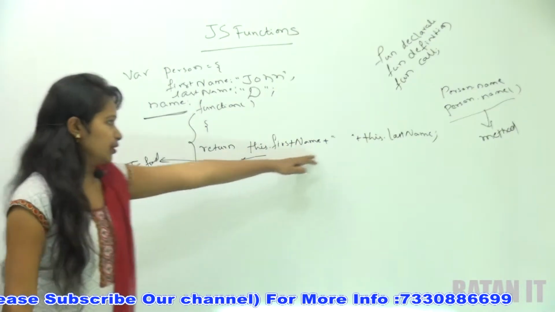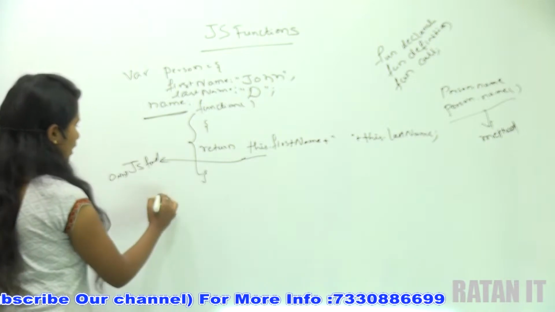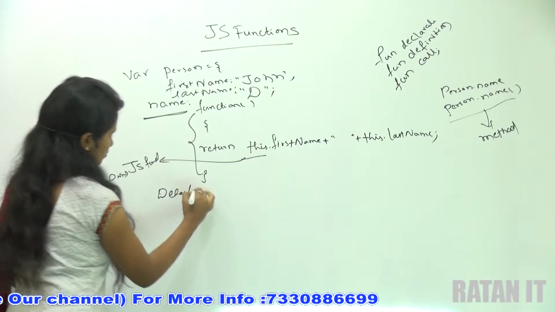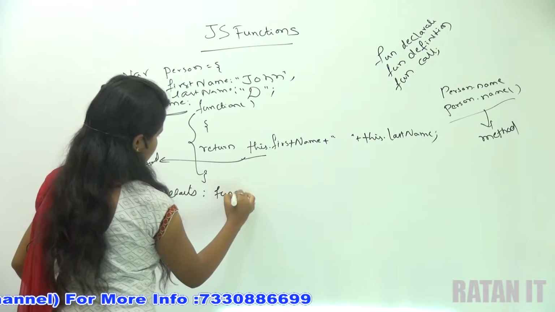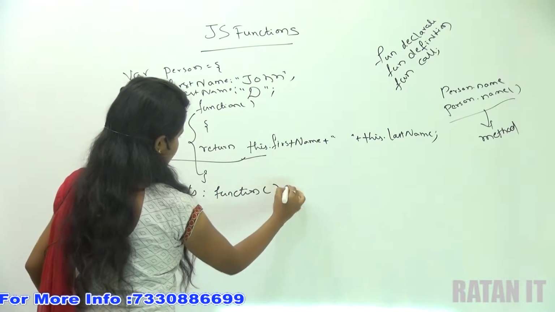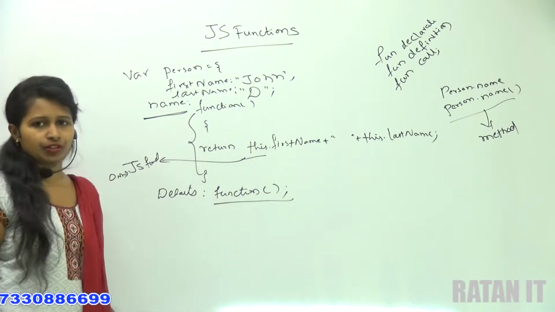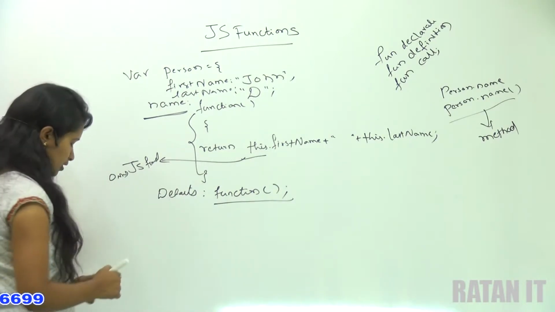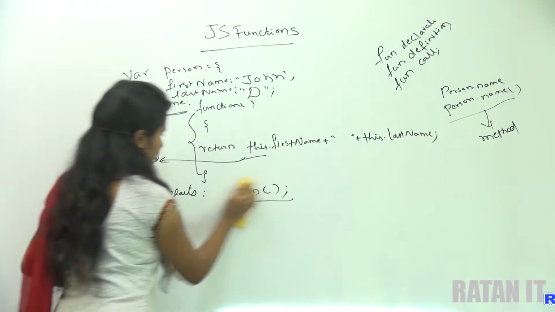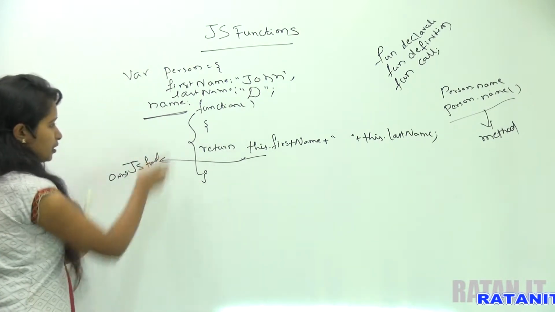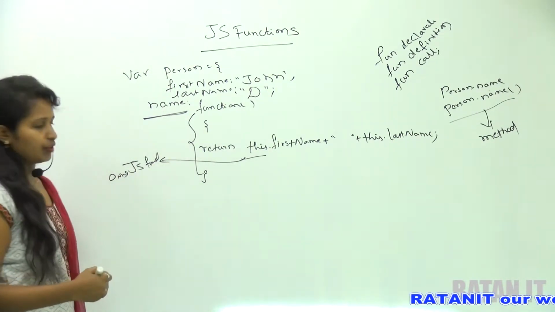This is my function definition, right? I can also have a function. I just declared my function, I didn't call it. So the function definition is about the function's work.